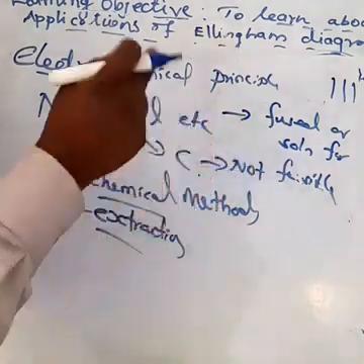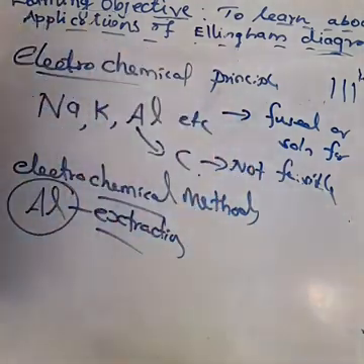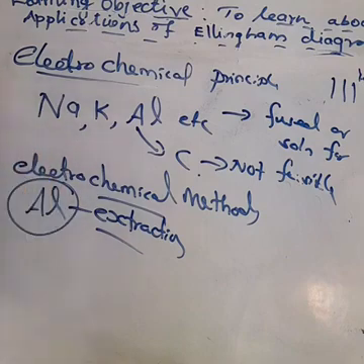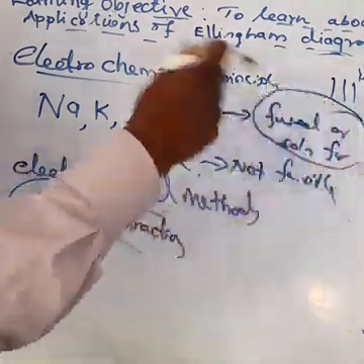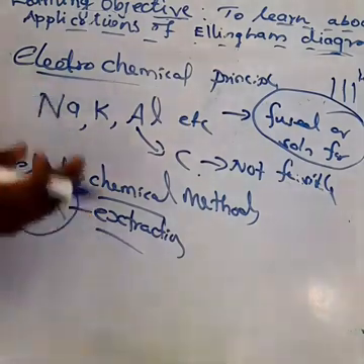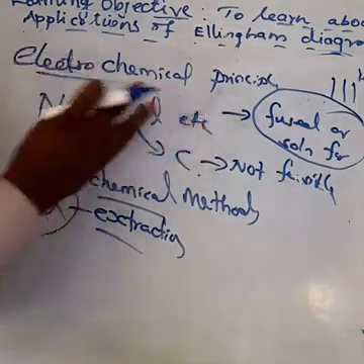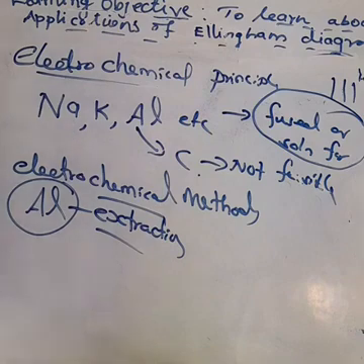The metal ion present can be reduced by treating it with some suitable reducing agent or by electrolysis.